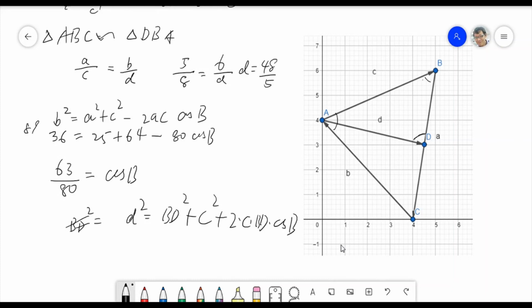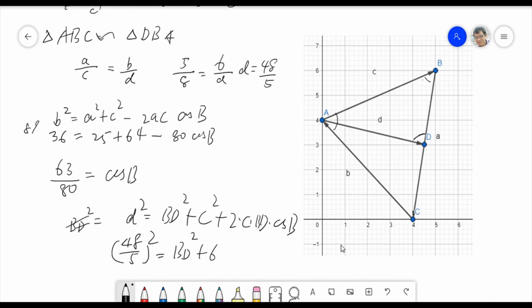So D square is 48 over 5 squared. BD we don't know. C is 8, right?